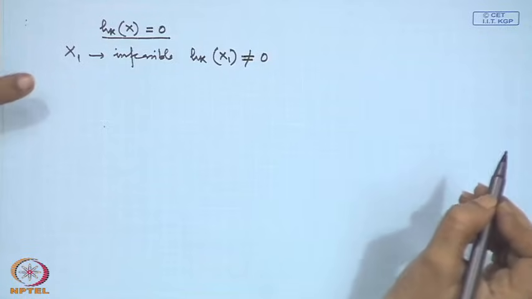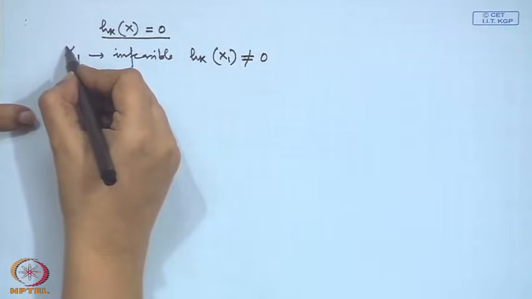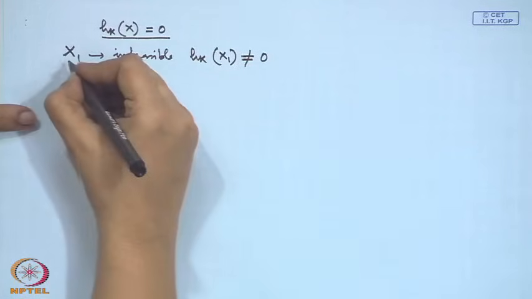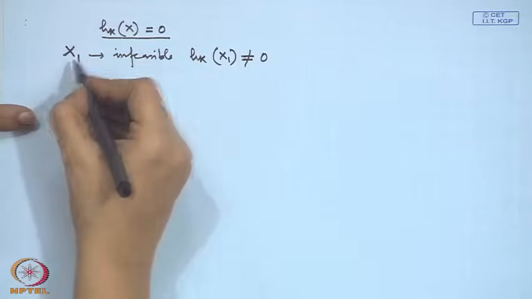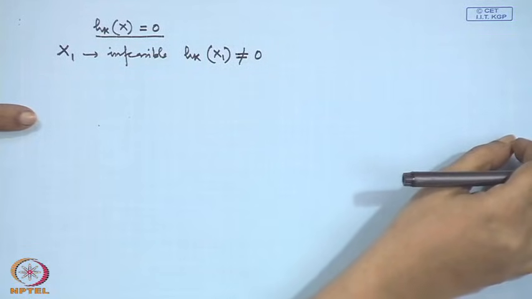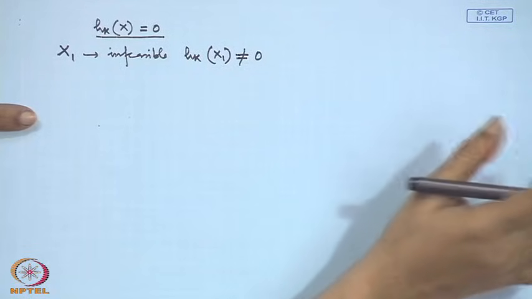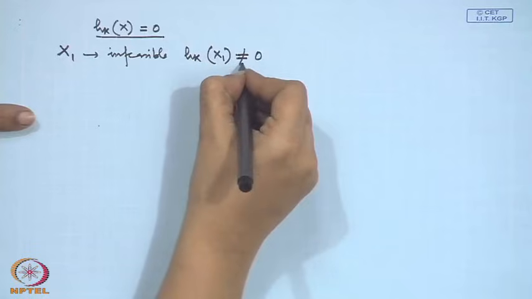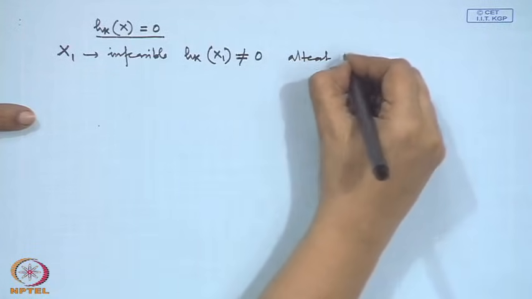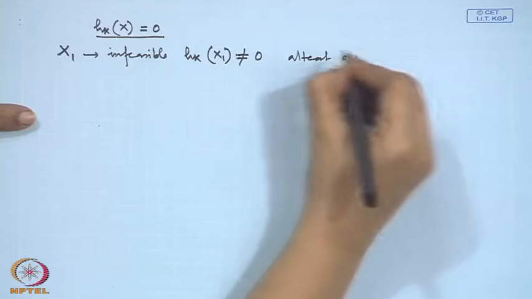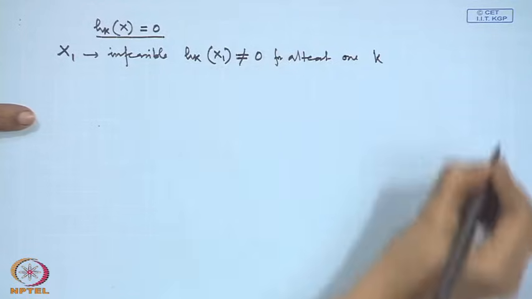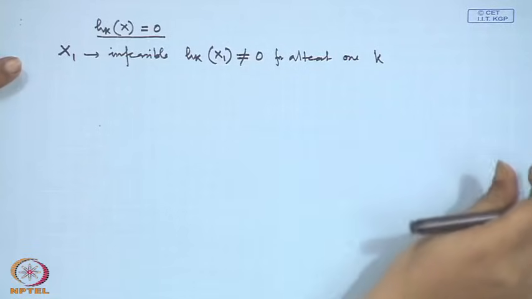Thus, if at some iteration x1 is the guess point of the optimal solution, which is not feasible, then h_k(x1) is not equal to 0 for at least one k.